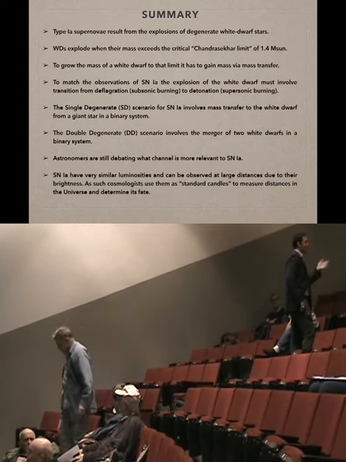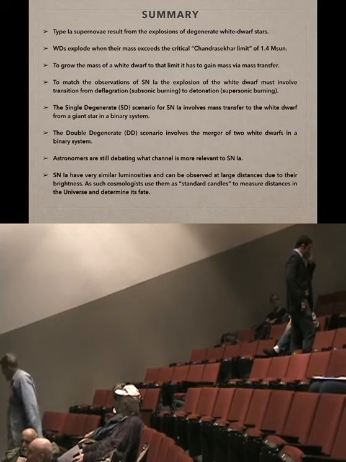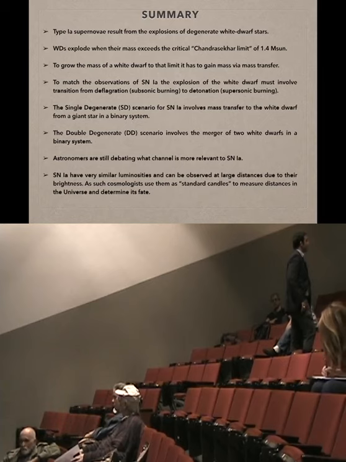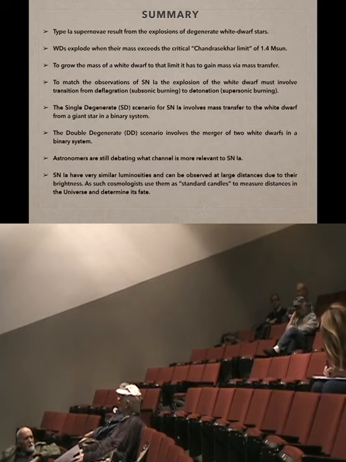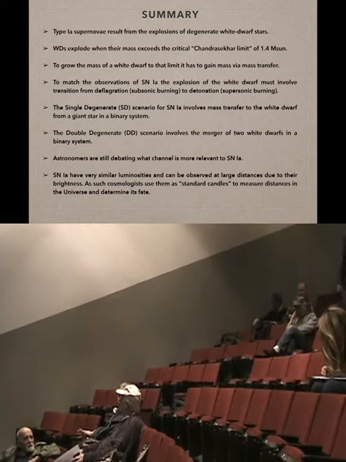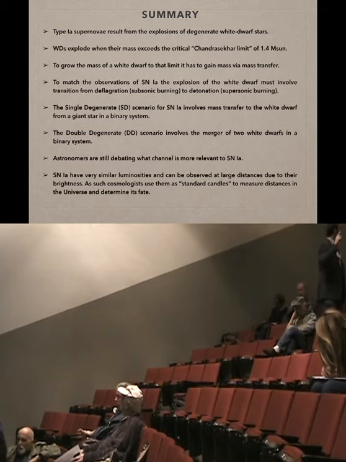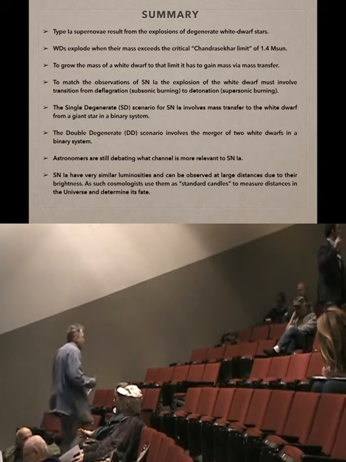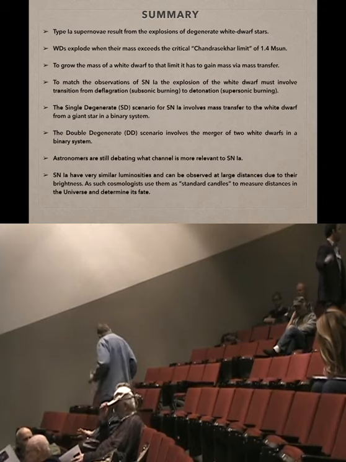I've recommended in this lecture a book by Craig Wheeler called Cosmic Catastrophes. I can write it down for you. That has a lot of information there. What's his name? Craig Wheeler. Wheeler, W-H-E-E-L-E-R.